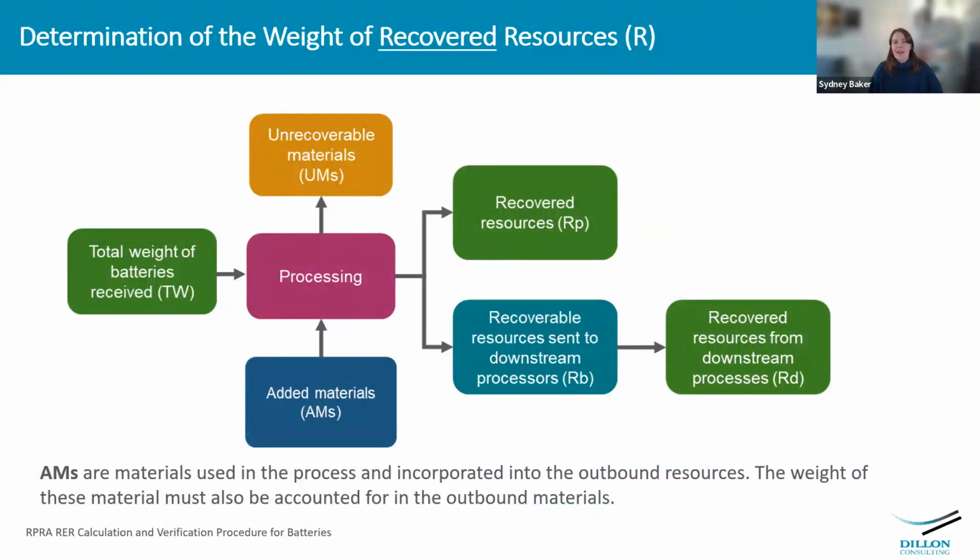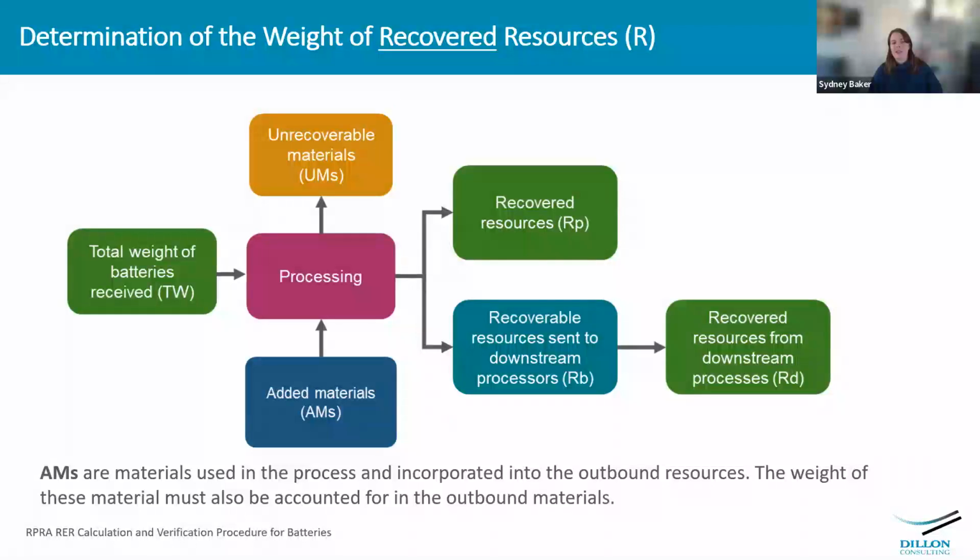So to determine the weight of recovered resources, this is the process flow we're working with. On the left-hand side, you have the total weight of batteries received, and they're going to go into the processing stage. During processing, we recognize that in some cases, materials will be added to the process, and then they'll be incorporated into the outbound materials.